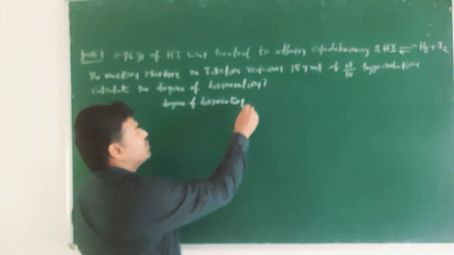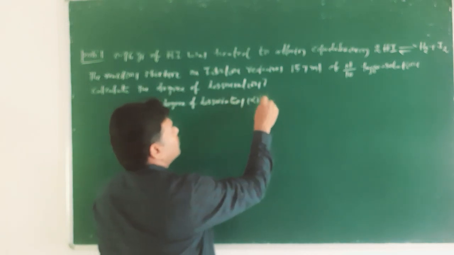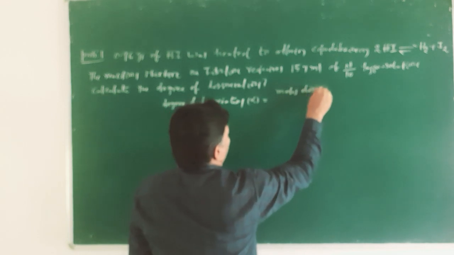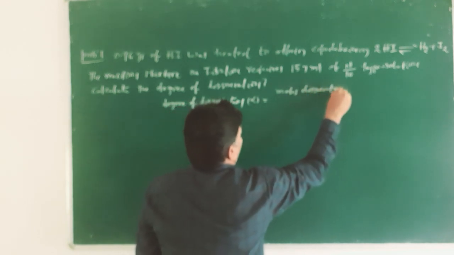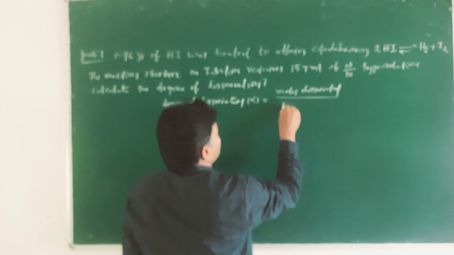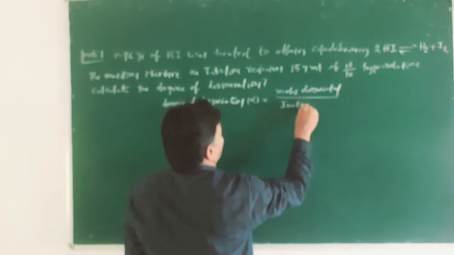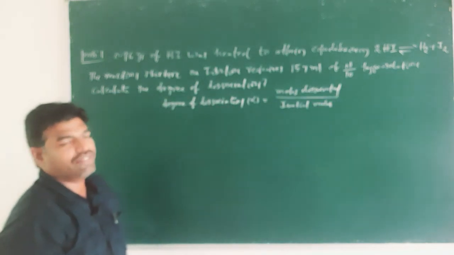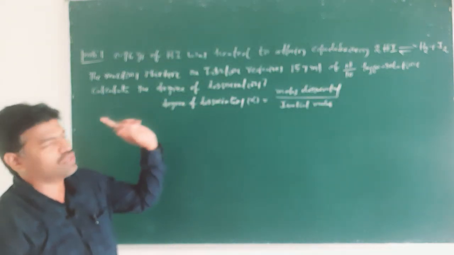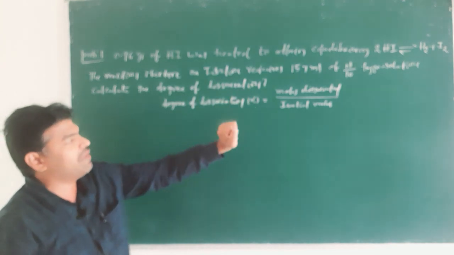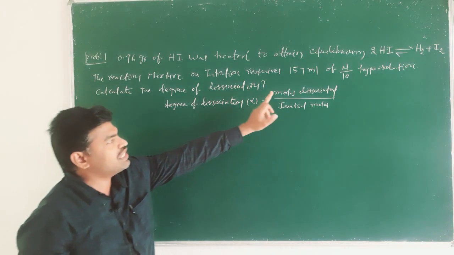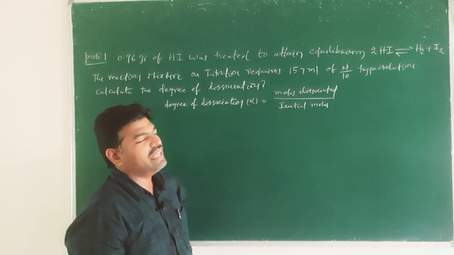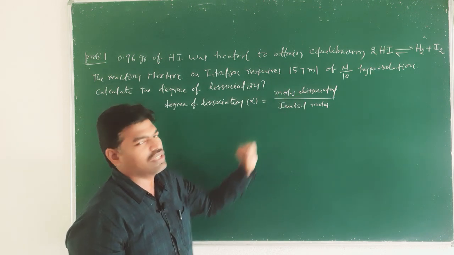The degree of dissociation alpha is equal to moles dissociated by initial moles, that is, the moles dissociated at equilibrium divided by the initial moles.